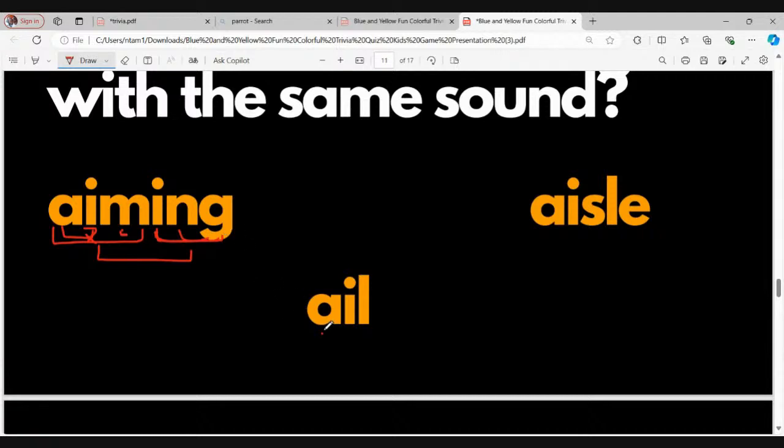Our next word, A and I together in this one, makes the sound A. The A makes the sound, the I is silent, and then we put it together, we get ill. What does the word ill mean? A lot of times we hear about ailment, but we do not hear about the word ill.